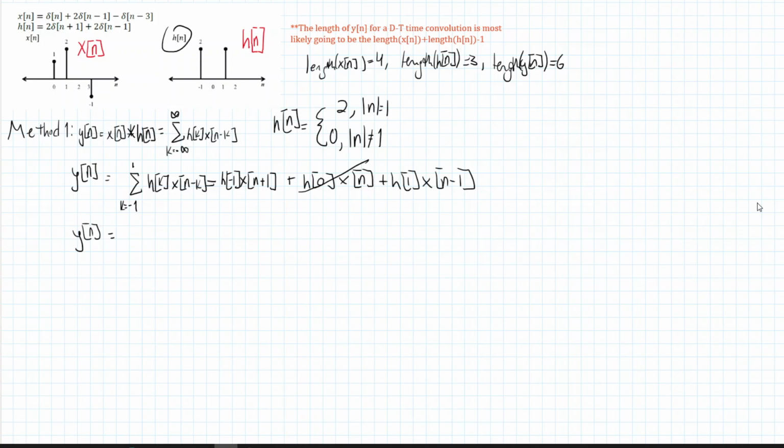So we know that h evaluated at n equals negative 1 is going to be 2, and we want to multiply that by x evaluated at n plus 1. Like I said, this one's 0, so I'm not going to write that down. And then this one is also 2. So now we have 2x of n minus 1. And if we wanted to, we could factor the 2 out.